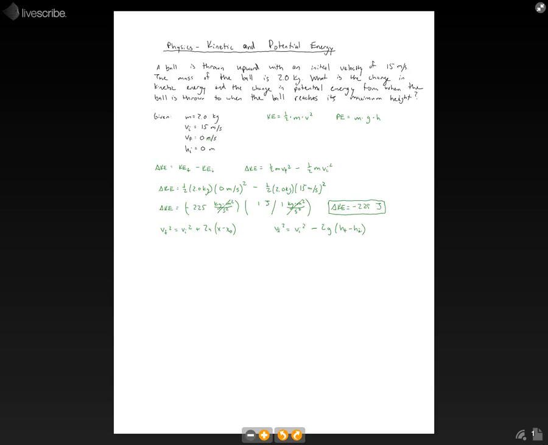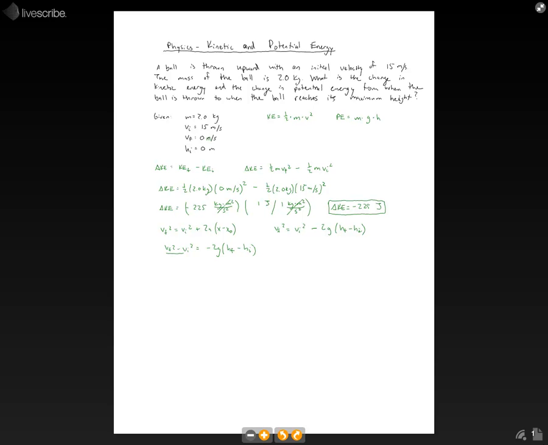Now, we just need to solve for h sub f, our final height. So we can subtract the initial velocity squared from each side, and it should leave us with this equation.